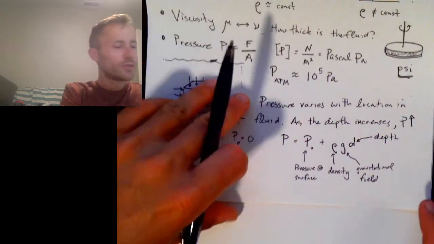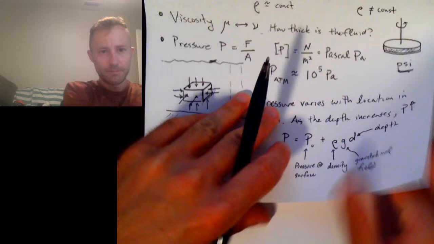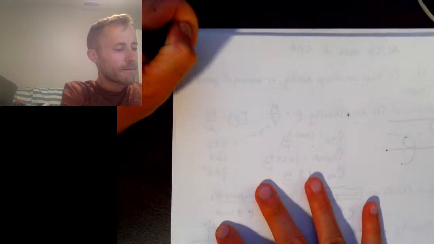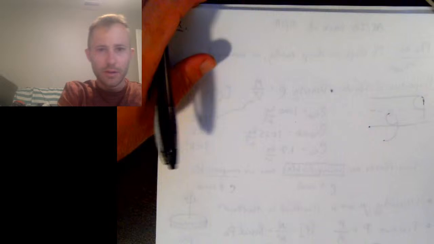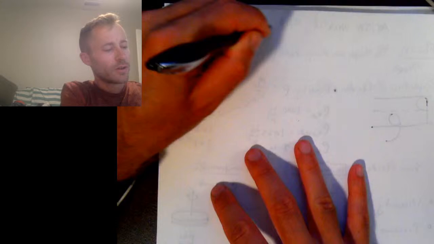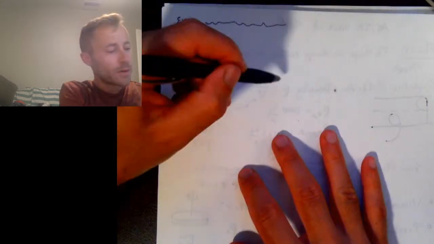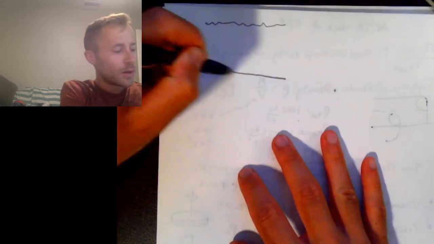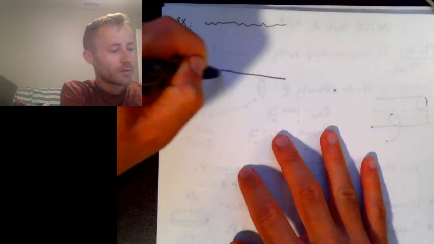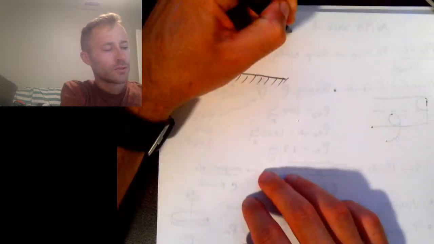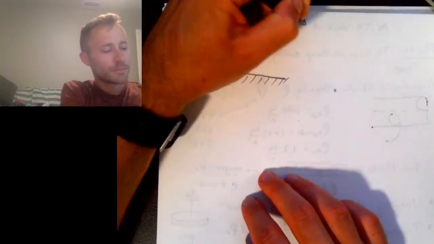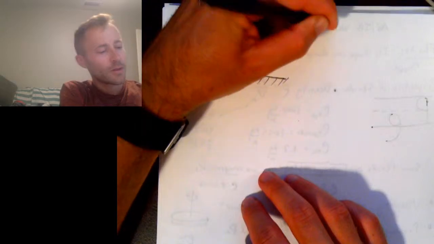Okay, so let's do an example. Let's suppose that you have a submarine, okay? And this is Earth, okay? So we're going to use values for Earth, and we're going to assume that this is salt water, okay?